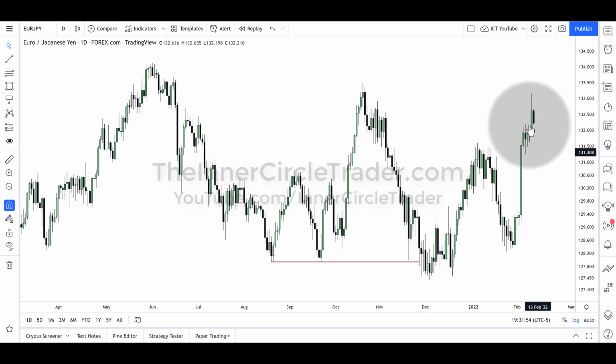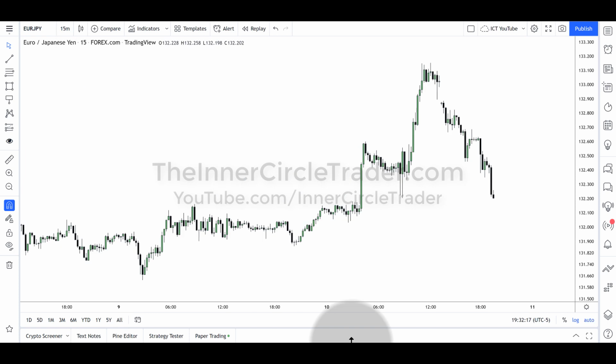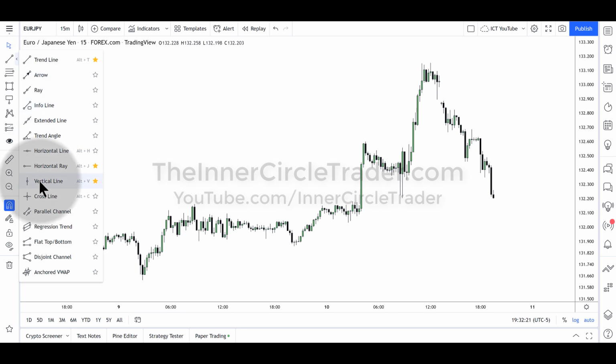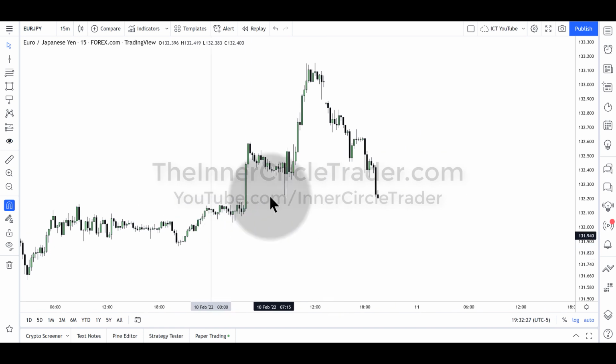But I want to go into this very day right there, the 10th. So we're going to drop down into a 15-minute time frame. All right, here's the 15-minute time frame, and we're going to mark up our chart. Midnight New York time.